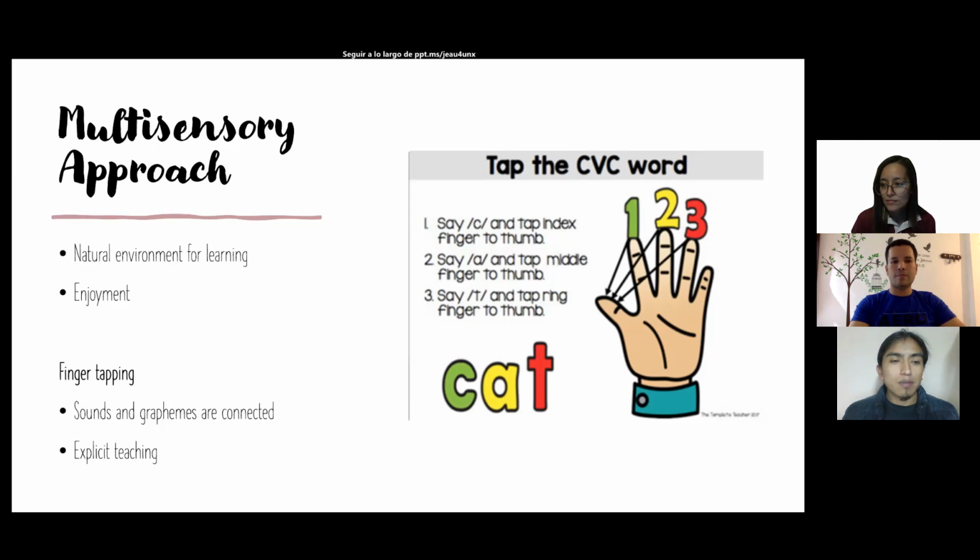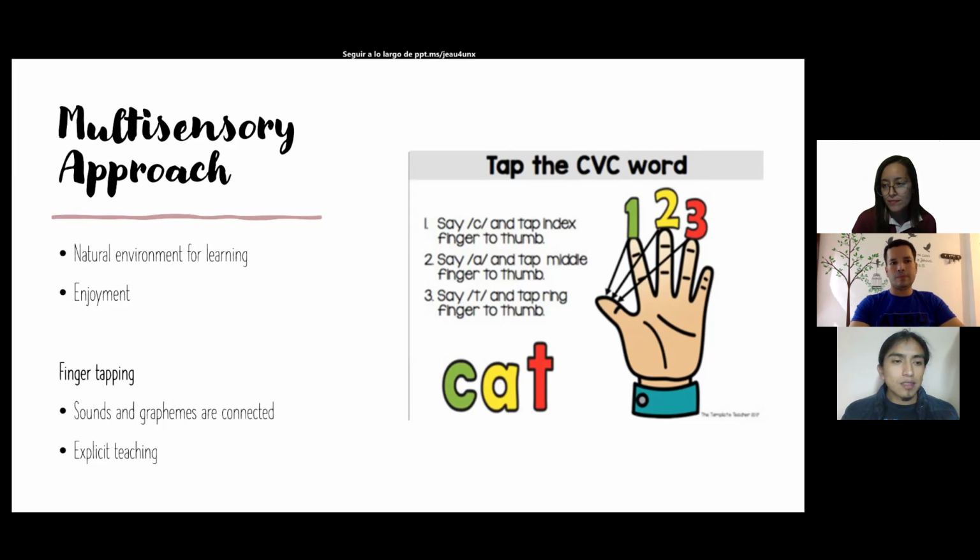Additionally, many authors have mentioned that the multisensory approach can create an ideal and natural learning environment in our classes. And it also engages the student. So students are going to have fun through the use of the multisensory approach.